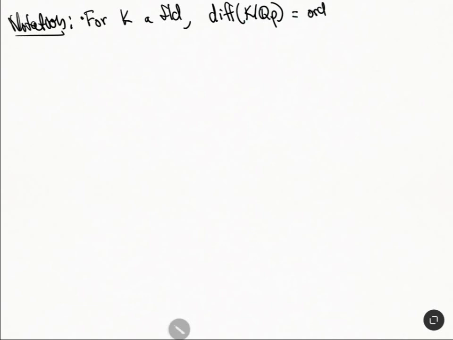This is the order of the different exponent, or rather it's kind of the different exponent. Here's the different, and we can take the valuation of this.